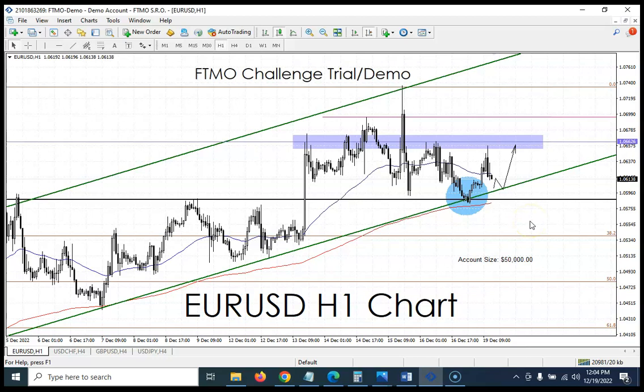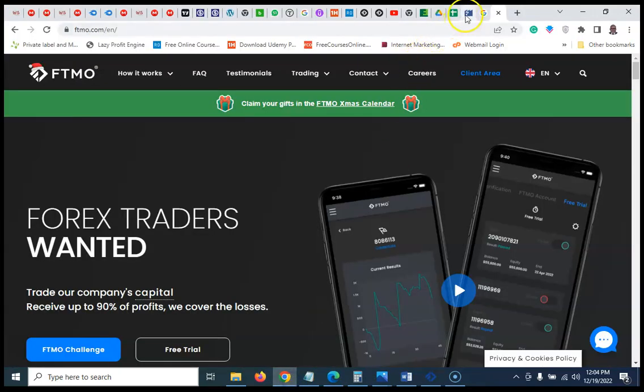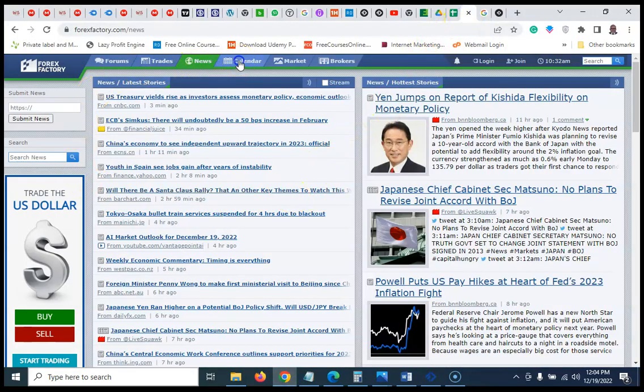Now, the other thing is this. There was an opportunity, guys, to look at the fundamental window, okay, to see what the news are saying. But when I went to Forex Factory, I went to the calendar. I looked at the calendar and saw that there was no impactful news coming out today on the euro and the dollar zone.